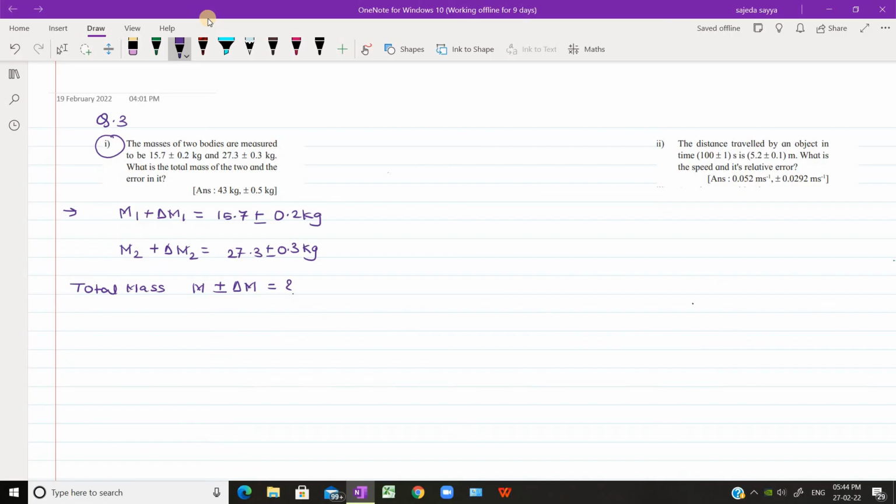According to this, total mass M is equals to m1 plus m2.